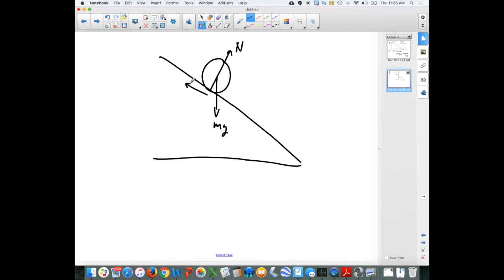What if we didn't though? In some ways this makes sense, because clearly we know that at the bottom, it's not going as fast as it would be if it just slid down the incline, right? So clearly there has to be some sort of force opposing the mg sine theta acceleration.